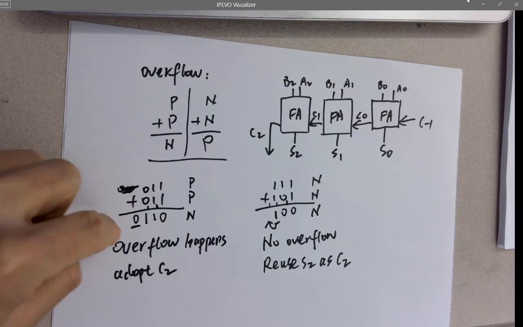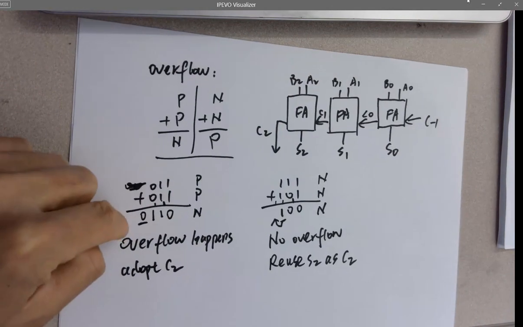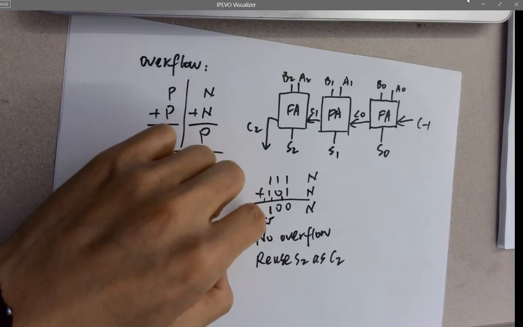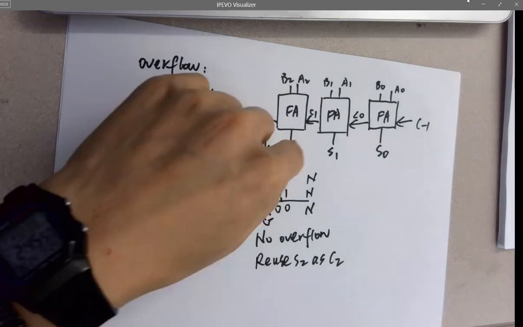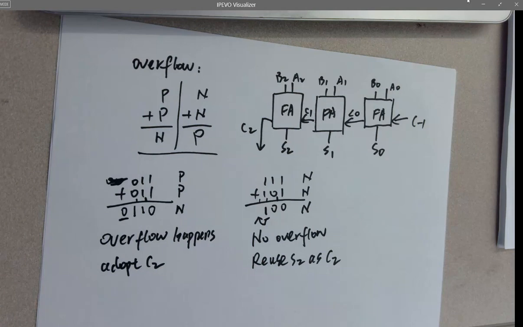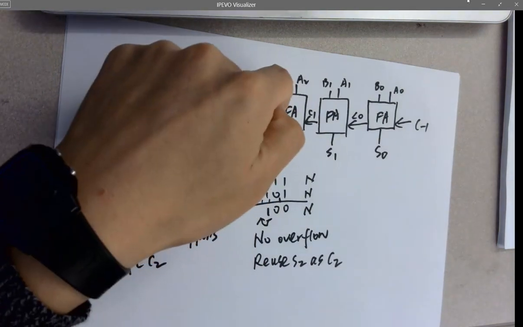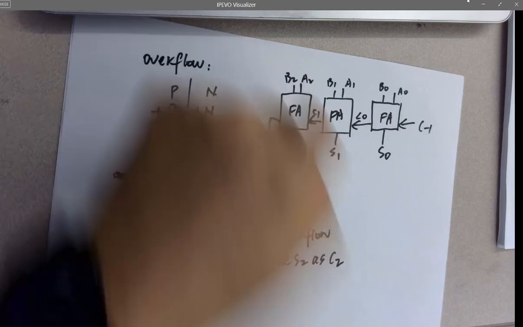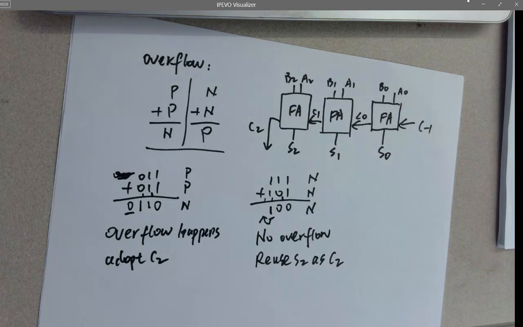In that case, if you want to adopt it, you have a C2 value available for you to use. If you don't have any overflow, do you have a certain S2 here to use? Yes, S2 will be generated by the MSB of the adder here, so you can directly use S2 and reuse it for your C2.